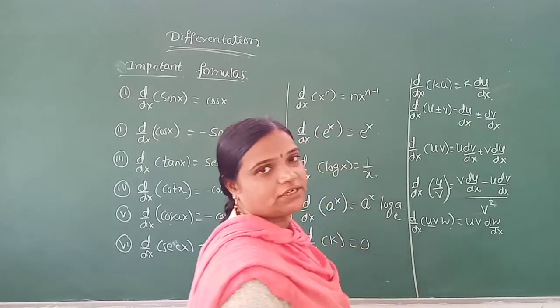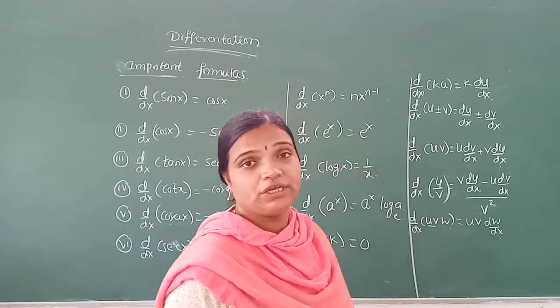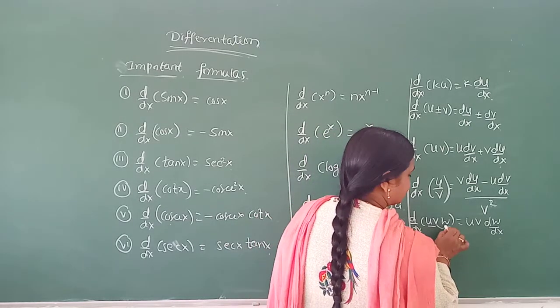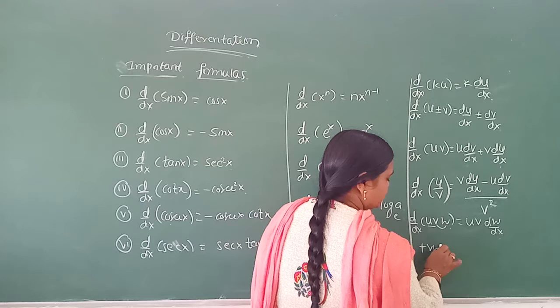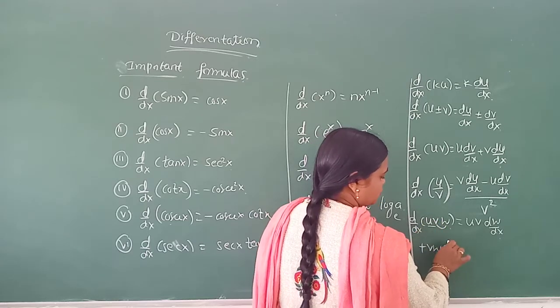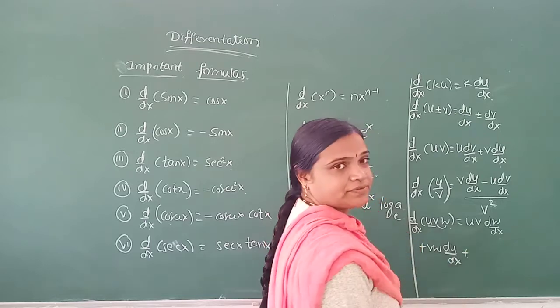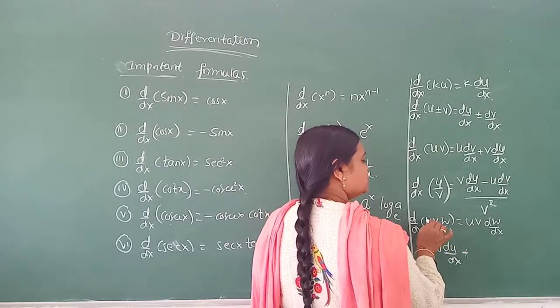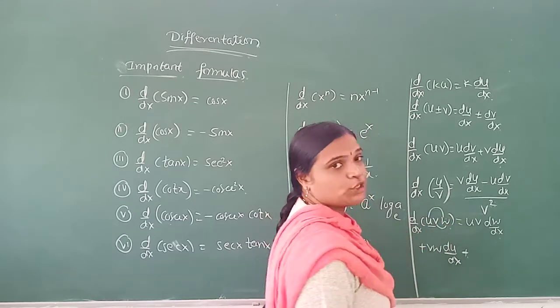After writing that term for uv, next we take vw as it is and do the differentiation of u, du by dx, plus. Next, uv we completed, vw we completed. The last possibility is uw.